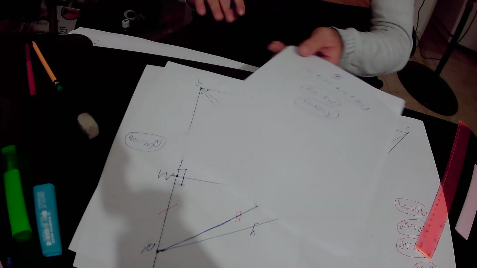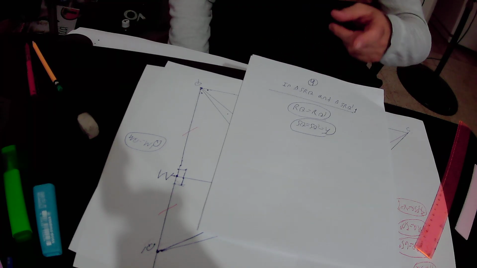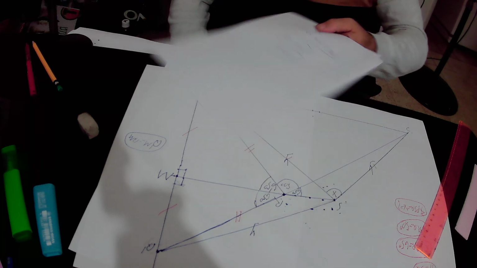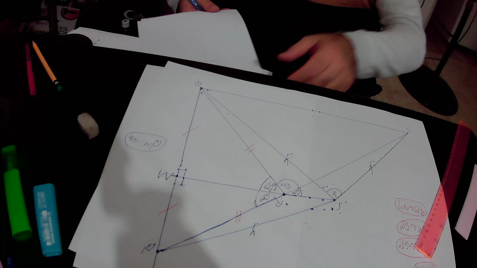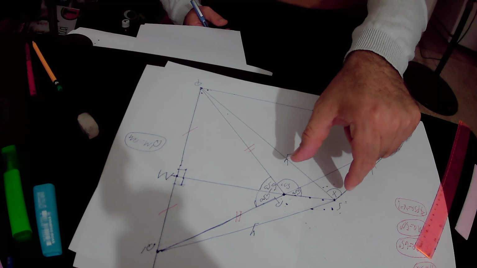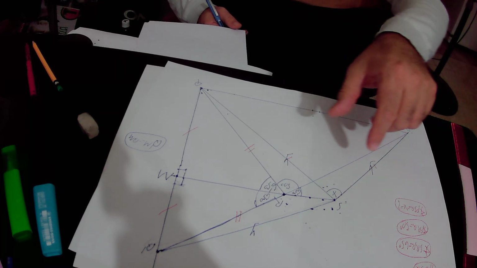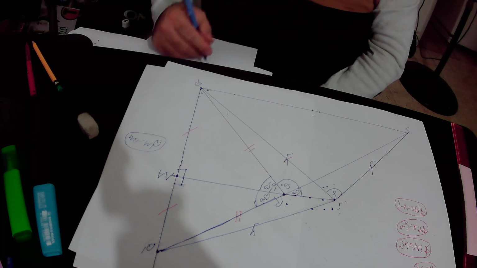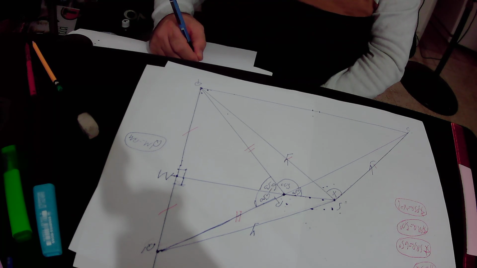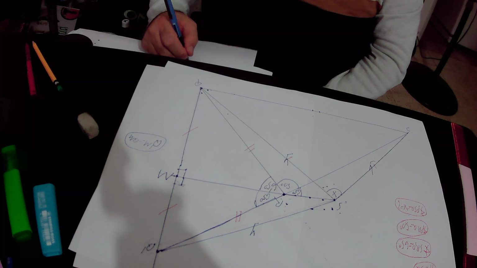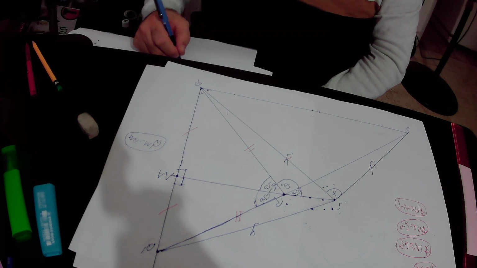And here we have a common side. SR is a common side, it belongs to both triangles. So we can write down that SR equals SR as a common side that belongs to both triangles.